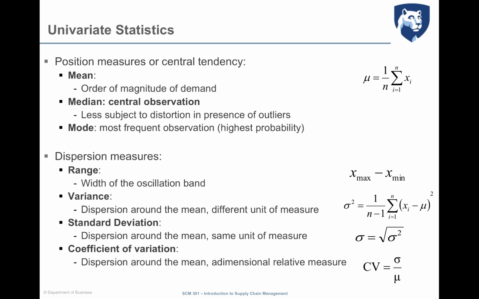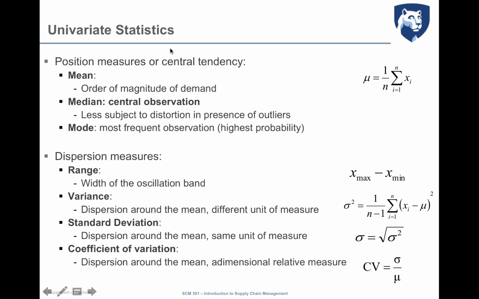To characterize the demand, you are interested in calculating the mean, which is the average value, the median, which is the central observation characterizing your demand, or the mode, so the most frequent observation, the value with the highest probability that your demand will adhere to.